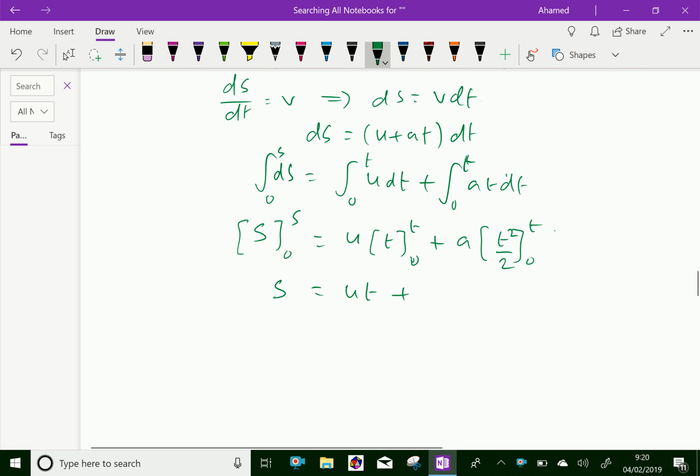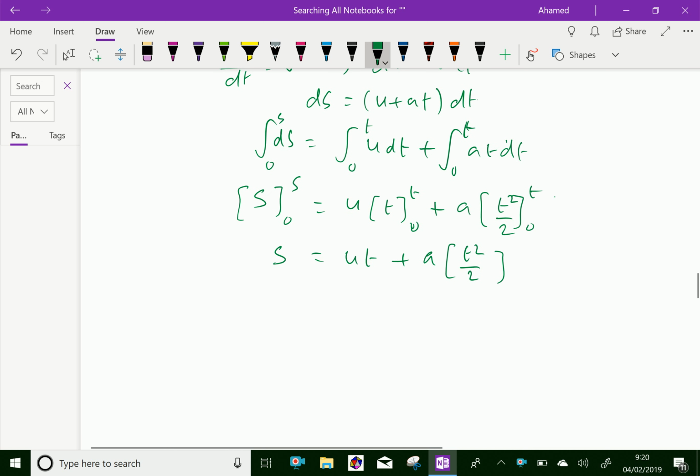A is a constant, t integration is t square by 2, so it gives a of t square by 2 with limits 0 to t. Therefore s equal ut plus half a t square. We get the second equation of motion.